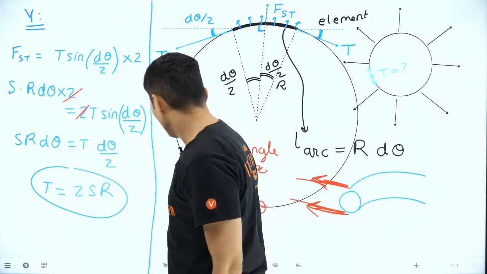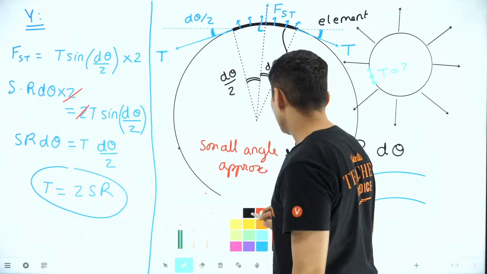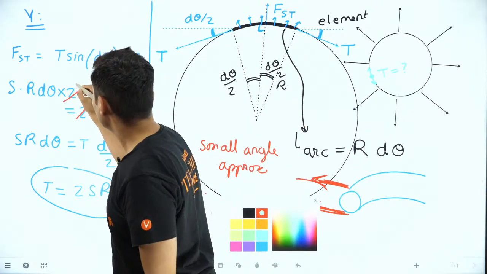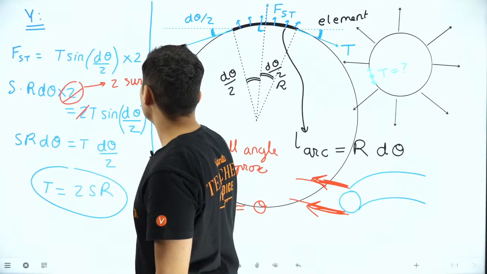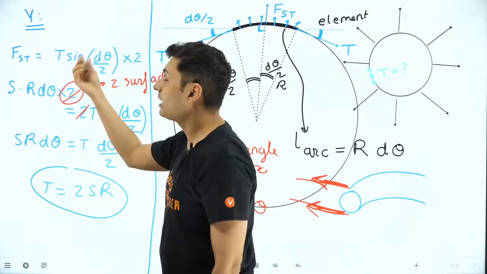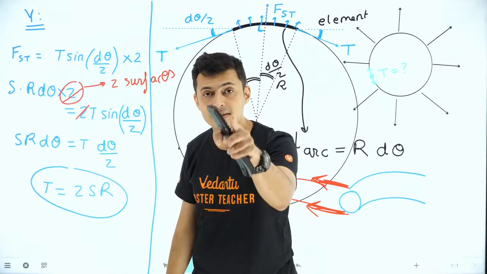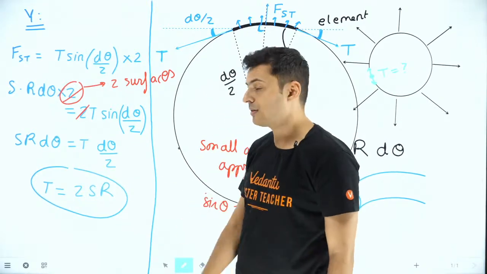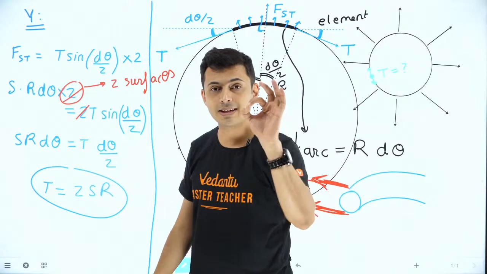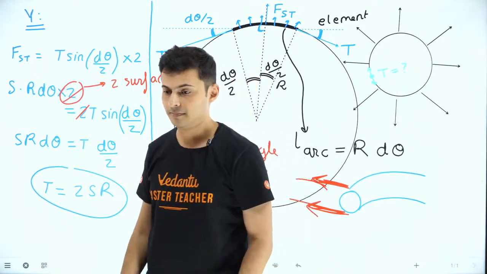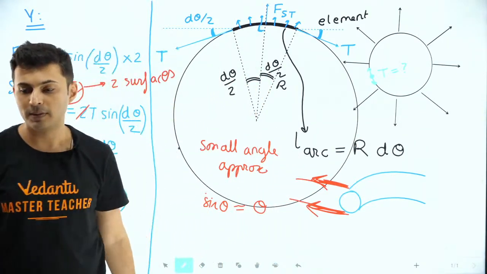This 2 came because there are two surfaces, but they have not taken two surfaces. That's why their answers are wrong. This is the correct answer to the problem. A lot of books have given S R as the answer. That's a mistake. Very, very important problem.